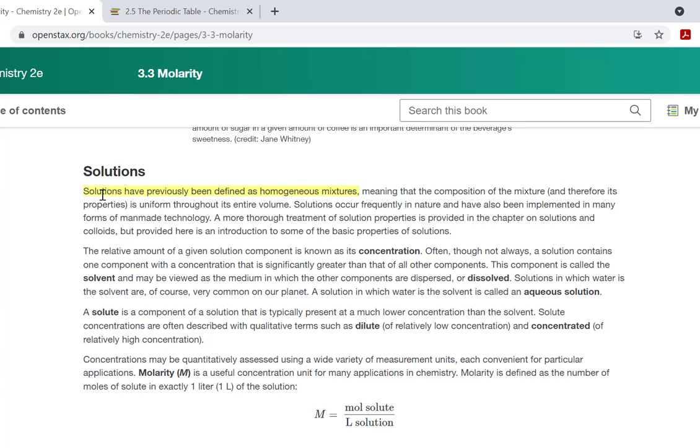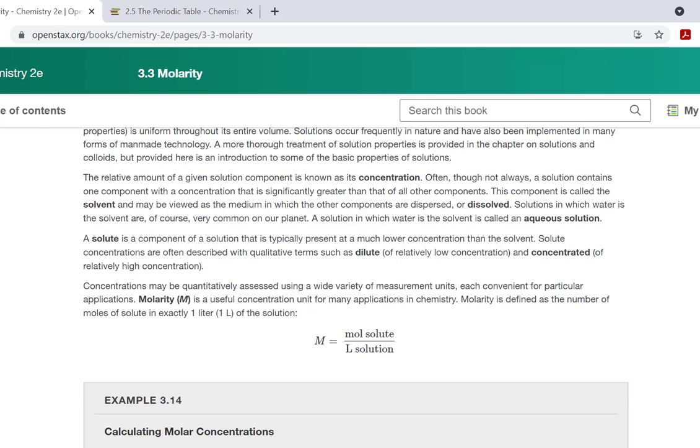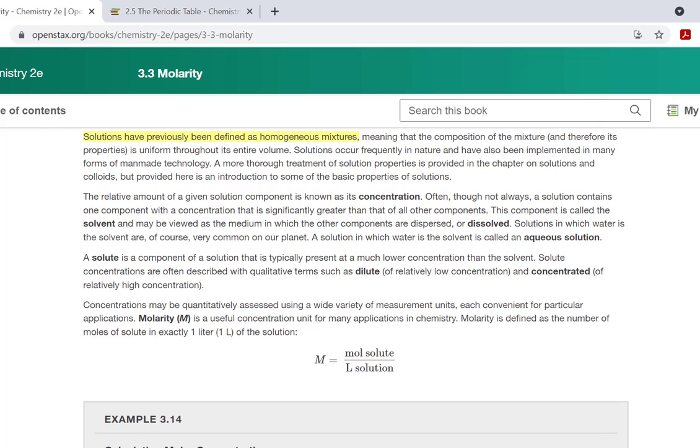So solution is another word for homogeneous mixture. Within a solution, we will have different components, and unlike with a compound, we don't have a formula for that because they can vary. So we keep track of their concentration, so how much you have of each of the things that are present in the solution.